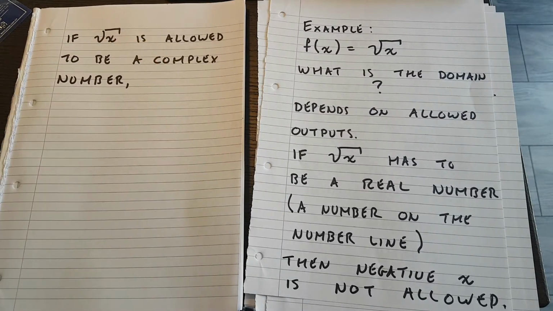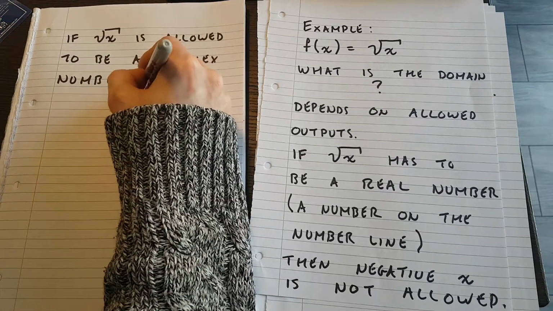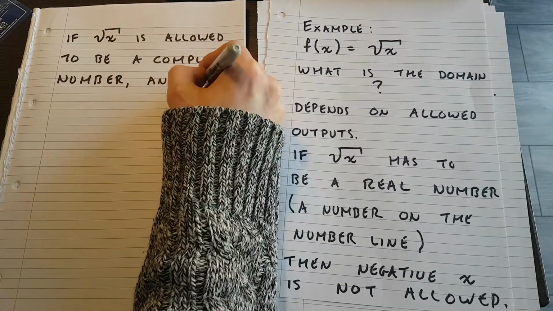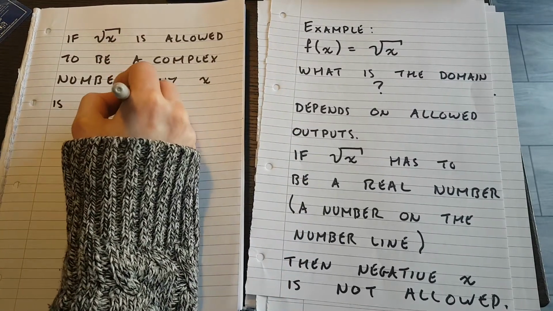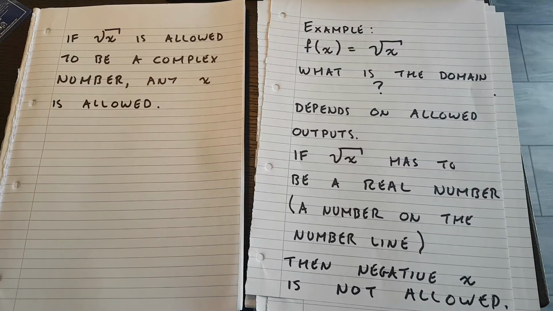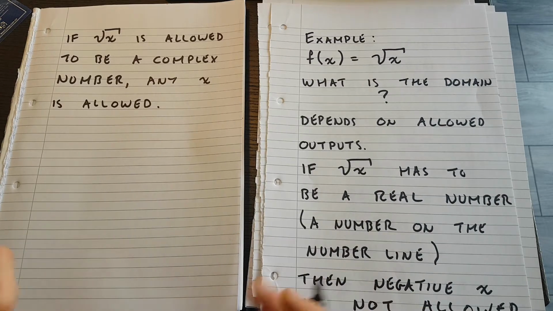It's allowed to be a complex number. Any x is allowed. Okay, so this one depends on context, but we can see that that's important.